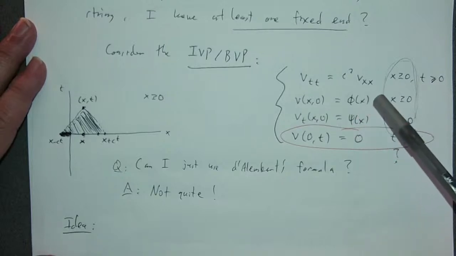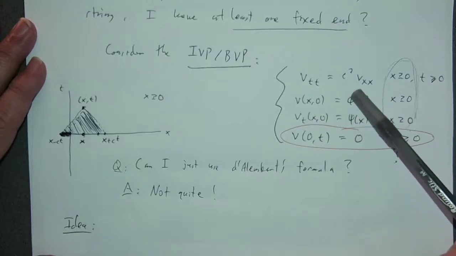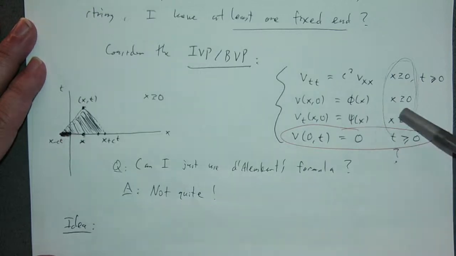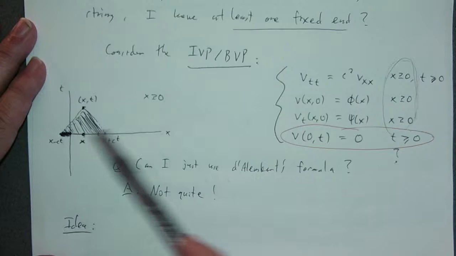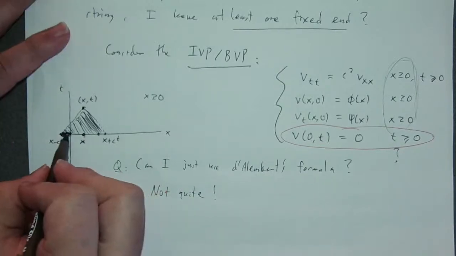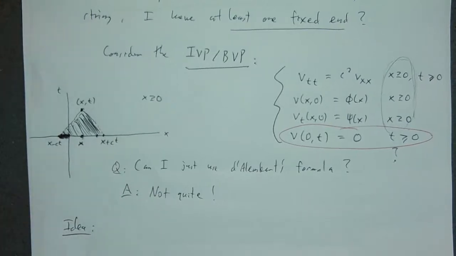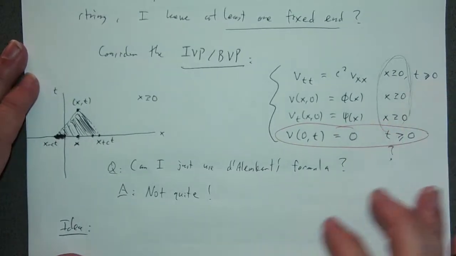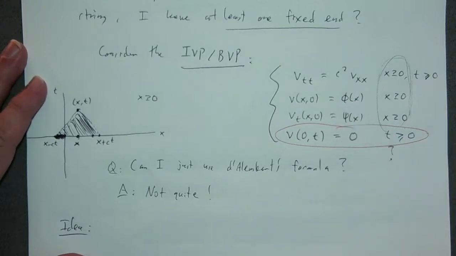So then I want to extend both phi and psi, which are defined on x greater than or equal to 0, to the left half over here. I want to extend them to the real line in this way. So what's the idea here? There's an extension I could do by doing what's called the odd reflection.